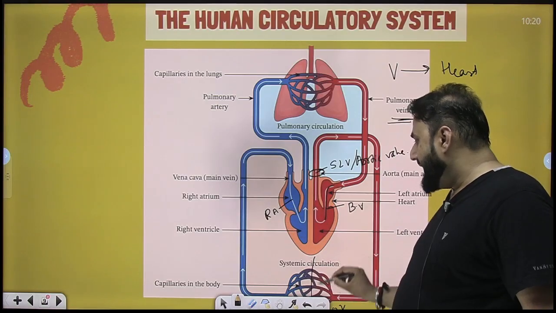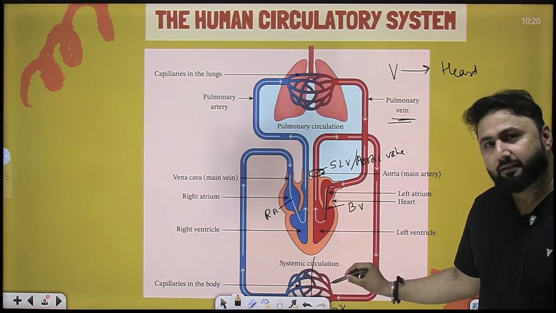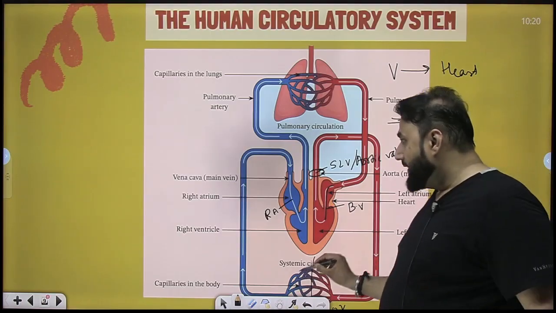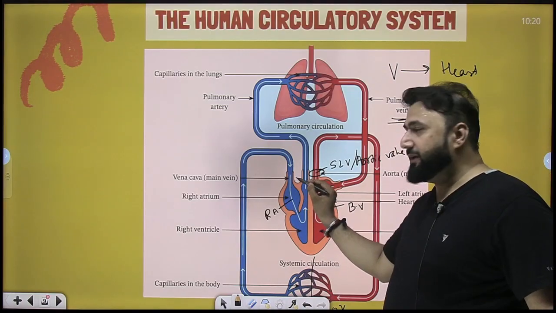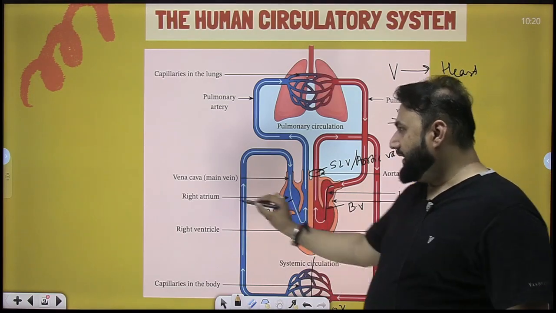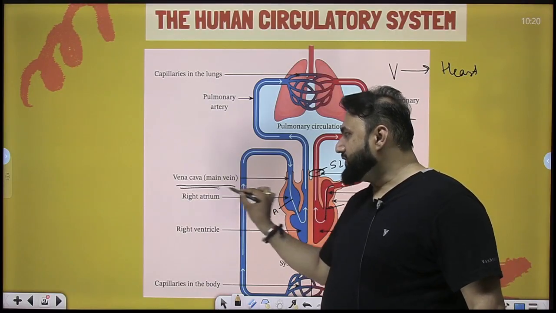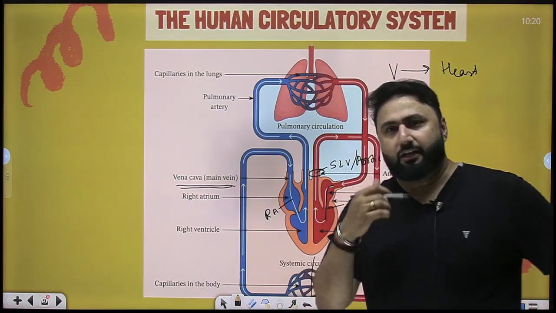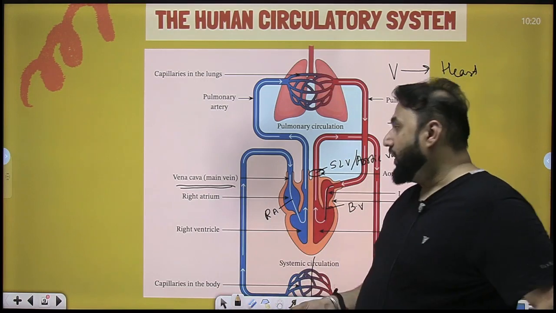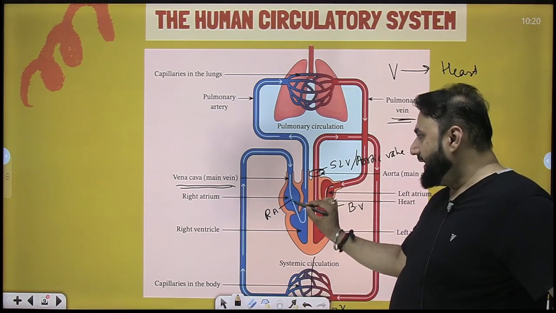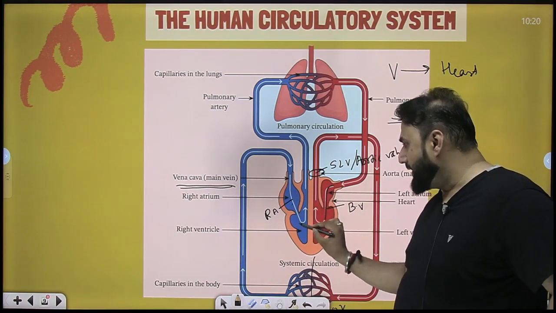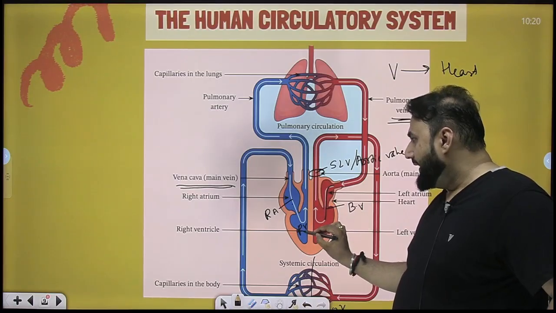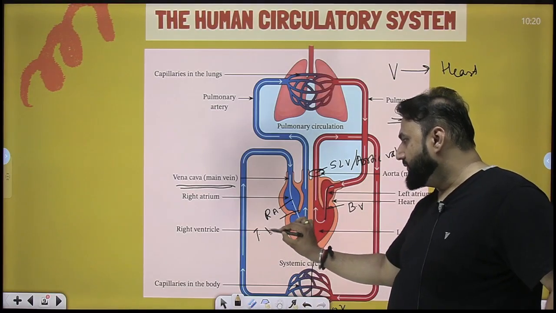Here we can say capillaries unite and reunite to form veins. Here we will be having superior vena cava and inferior vena cava. So main vein is your vena cava, which is pouring deoxygenated blood into the right auricle. From right auricle, the deoxygenated blood is passed into what? Right ventricle through what? Tricuspid valve.